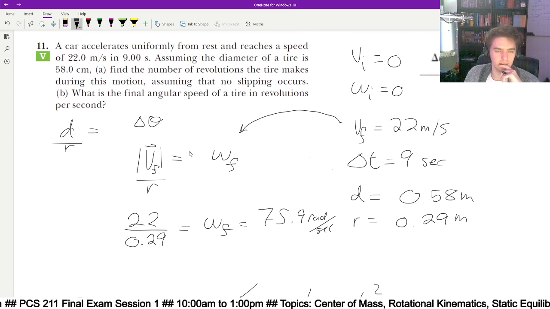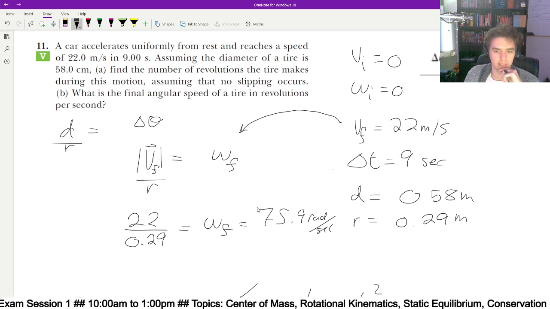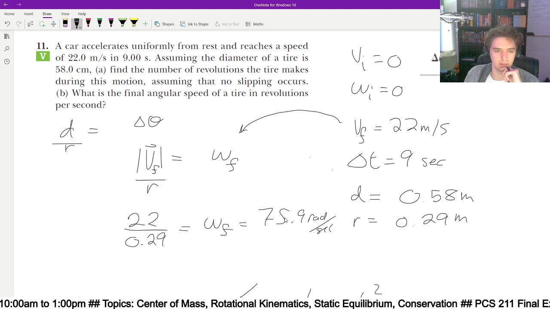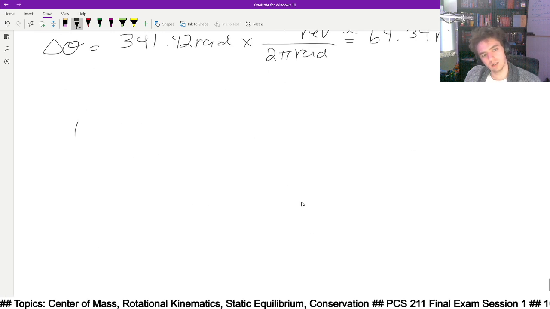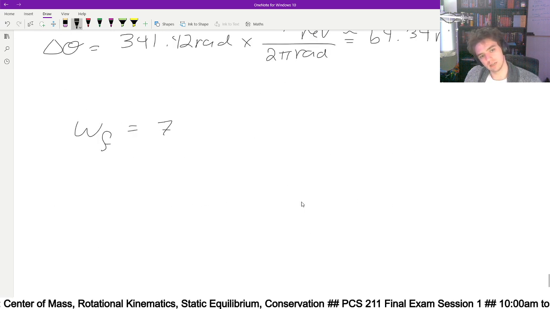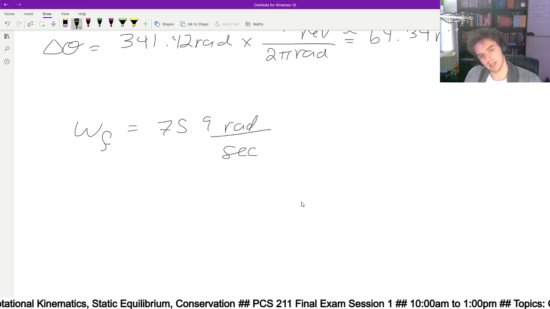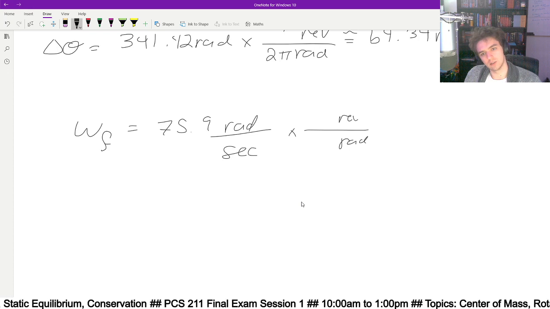Okay, so what is the final angular speed of the tire? Isn't that what I already did? Oh no, in revolutions per second. So this is 75.9 radians per second. So omega f equals 75.9 radians per second. I want to convert that from radians to revolutions.